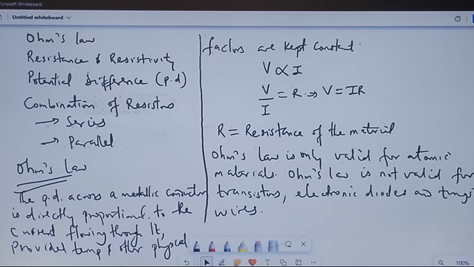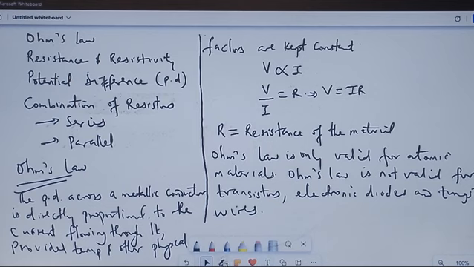So like I said, Ohm's law is valid for only atomic materials, but is not valid for electronic diodes, transistors, and tungsten wires.